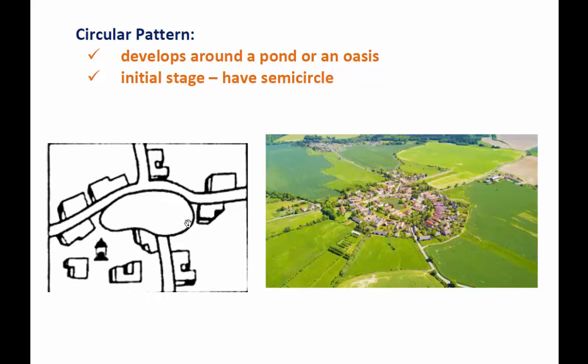So that is what we call a circular pattern. From this picture you can see in the middle there is a pond, and all around this pond are houses. This is a circular pattern of rural settlement.